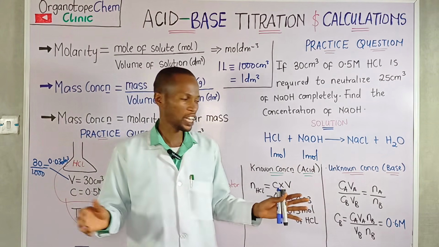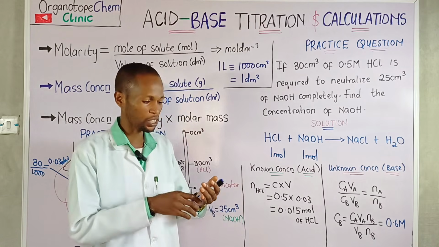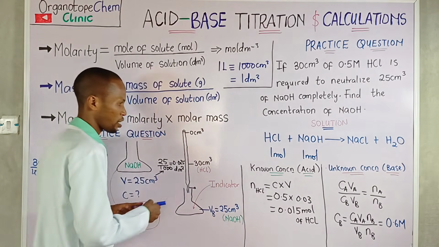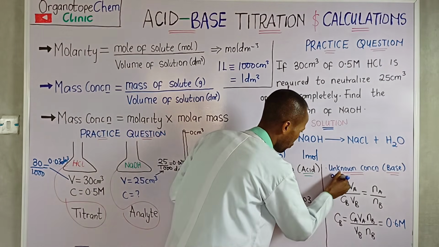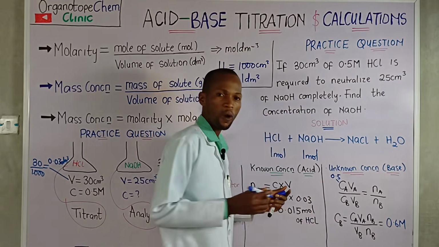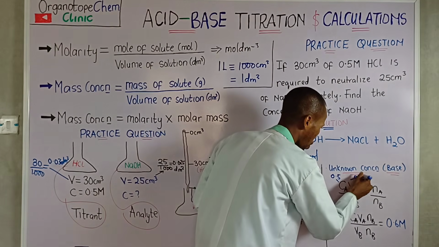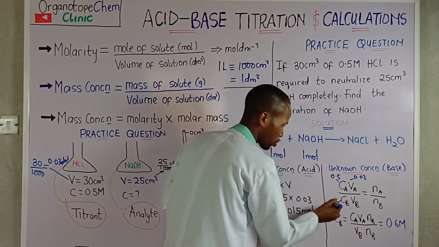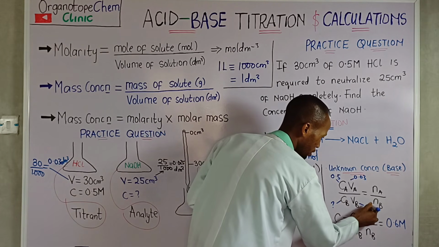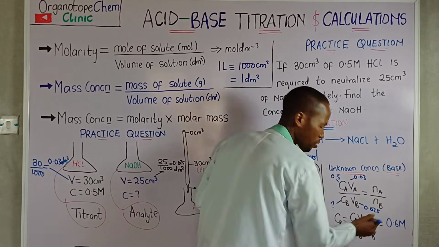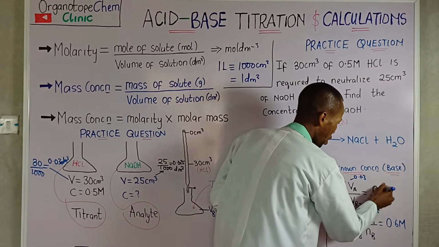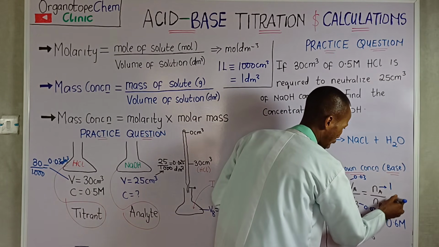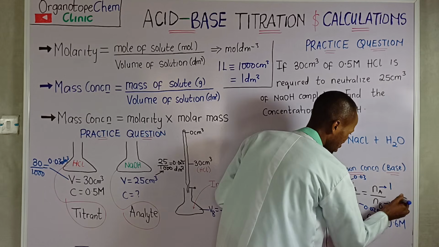Make sense? So if this formula is used, the concentration of acid is 0.5, while the volume of acid is 0.03 dm cube. The concentration of base is unknown. The volume of base is 0.025 dm cube. The number of moles of acid is 1, while the number of moles of base is 1.